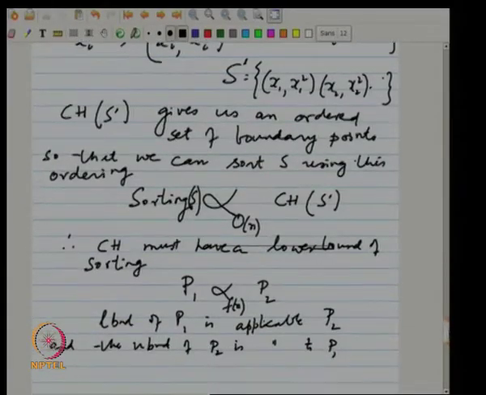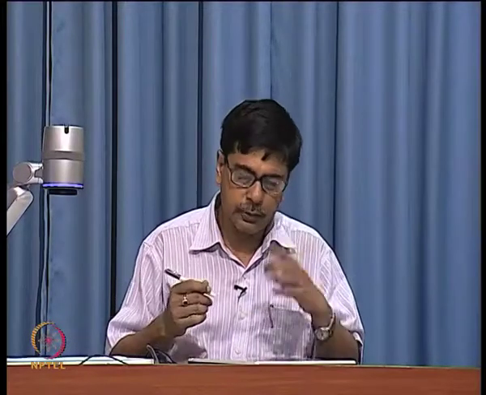Then the previous reduction does not hold, because I have to assume that the convex hull gives us an ordered set of boundary points, so that from there I can reconstruct the sorted set. If the output points were not produced in any sorted order, then I cannot reconstruct the sorted points from there.